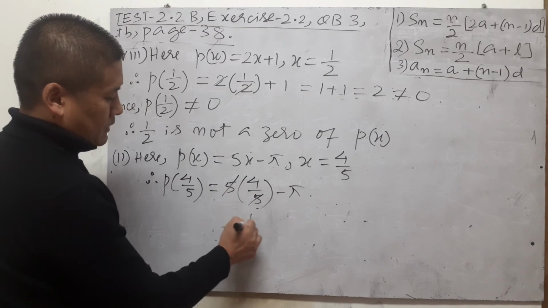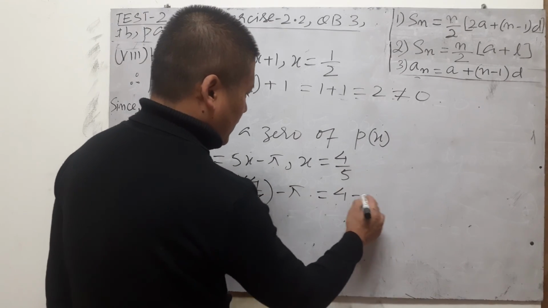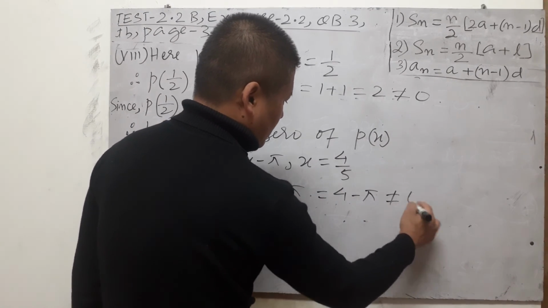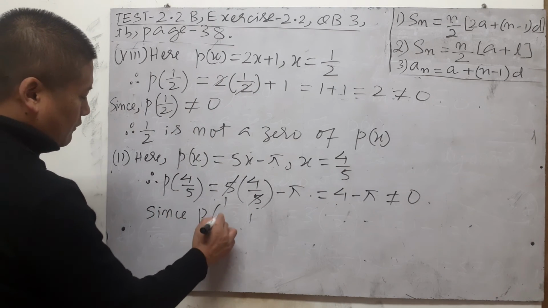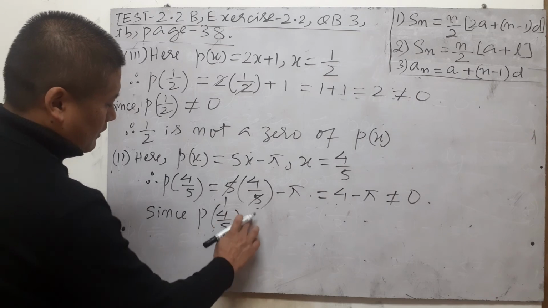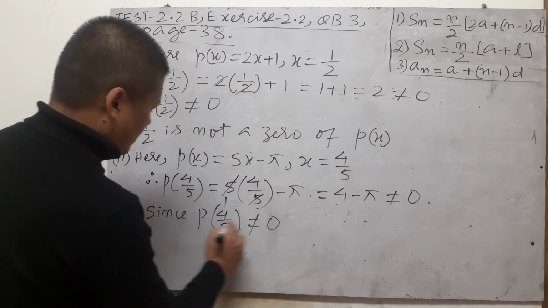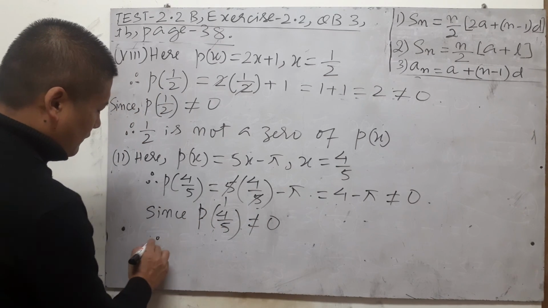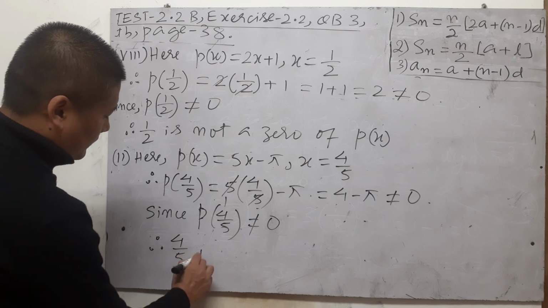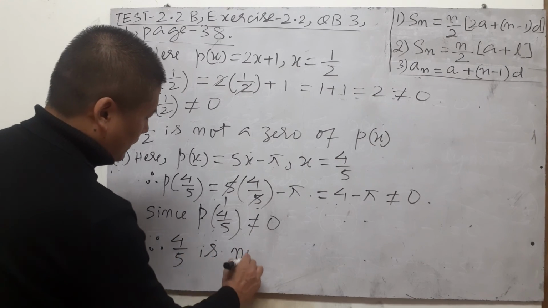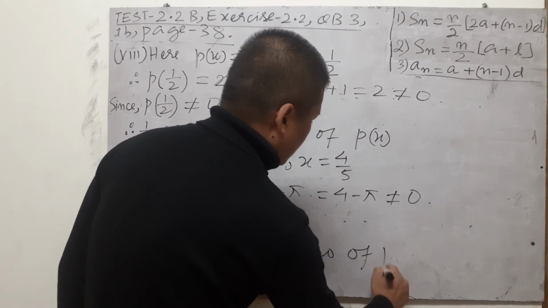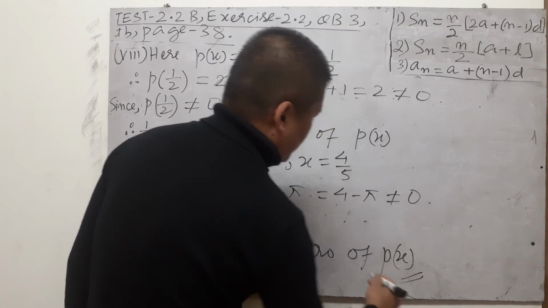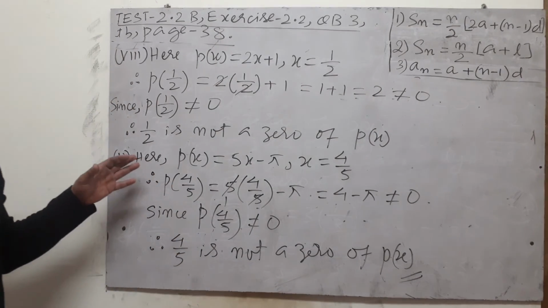So this 5 and 5 cancel. Then 4 minus pi, which is not equal to 0. So since p of 4 by 5 is not equal to 0, therefore this value 4 by 5 is not a 0 of the given polynomial p of x. Simple enough, right?